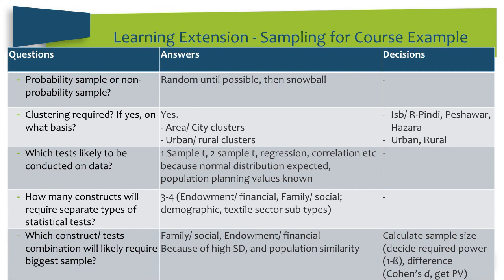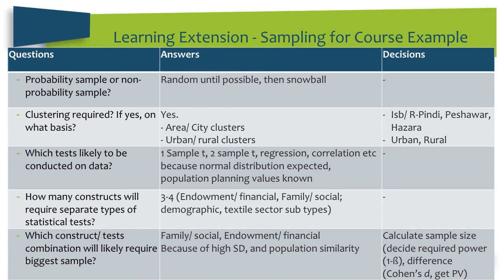Then I'll require the difference, what kind of difference I want to detect. For this particular question, it will be in some kind of percentage, so maybe I'll select 10 to 20%. Another way is to calculate Cohen's d, which we studied in the statistical module.